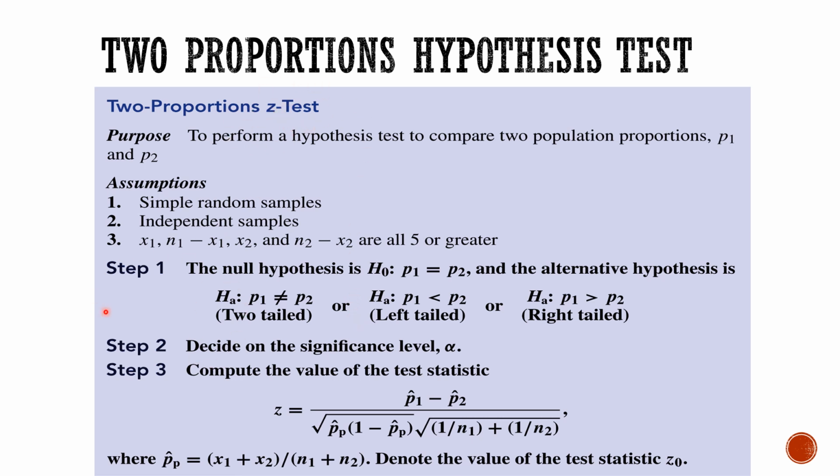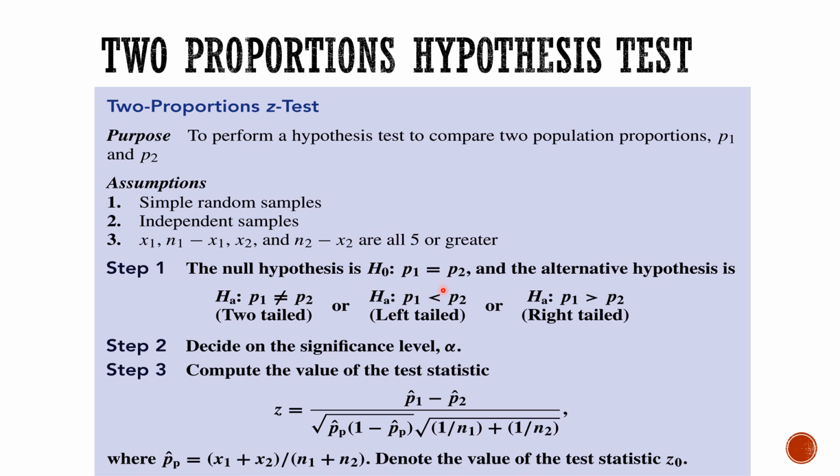Step 1, the way we state our hypothesis, the null hypothesis must always say P1 equals P2, and it should use the population notation. No p hat when stating the null hypothesis or the alternate hypothesis. It should say the population 1 proportion is equal to the population 2 proportion.